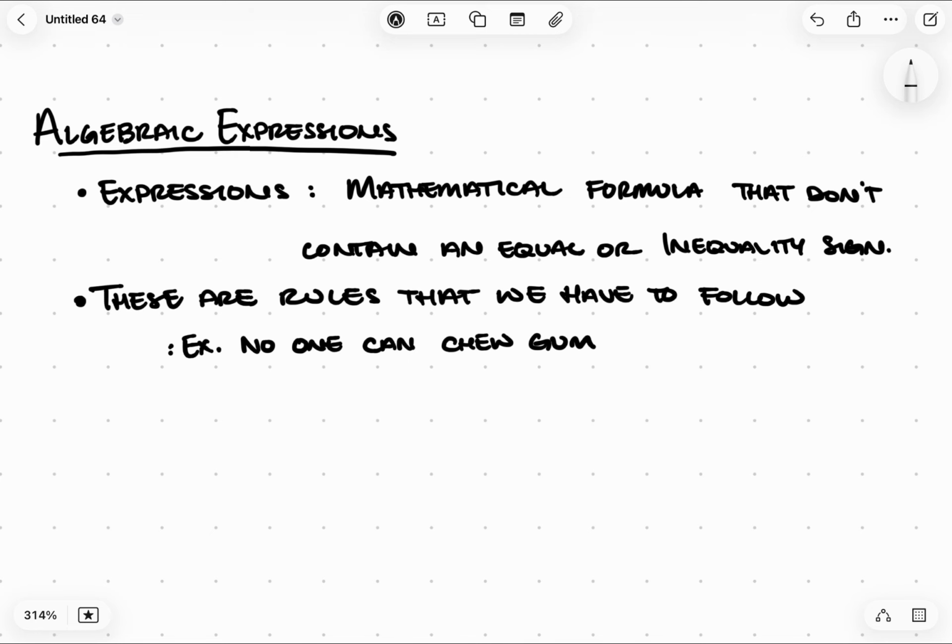And let's say I have a student named Ryan, and because Ryan does fall under one, so no one, even him, can chew gum, right? So in other words, no Ryan can chew gum. So when I say no one can run in the hallway or no one can chew gum, that means no Haruki can run in the hallway or no Ryan can chew gum.